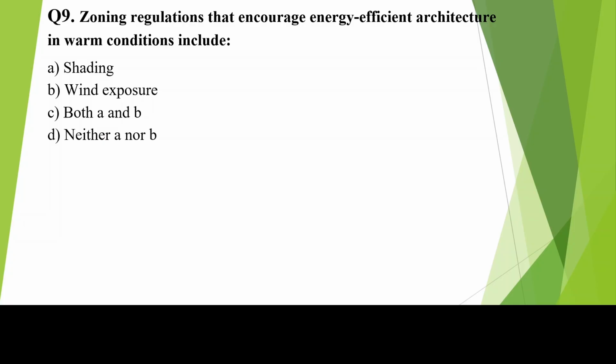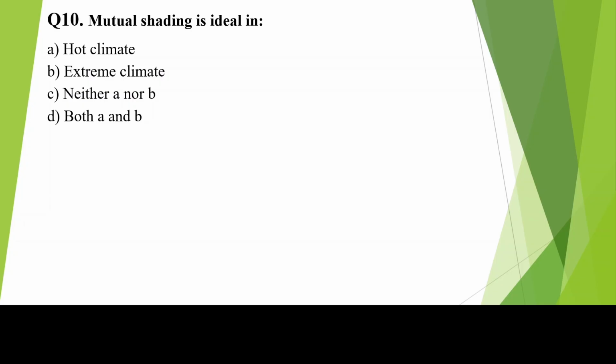So with this, let's move to the last question of today's problem solving session. This is also the last question of the previous year assignment questions. So try to answer this question as well. Then we will end today's problem solving session. Mutual shading is ideal where you would prefer mutual shading.